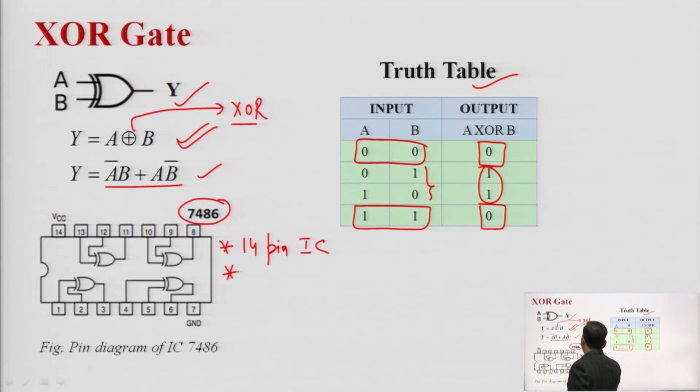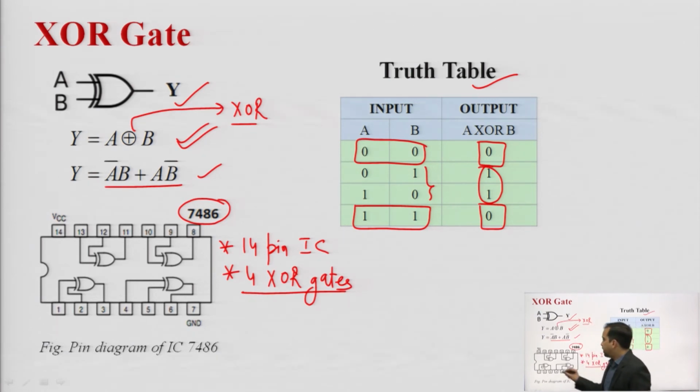So correspondingly we have 4 XOR gates. 1 and 2 are the inputs, and naturally 3 is the output. So this is the truth table, the symbolic representation, and the IC number for the XOR gate.